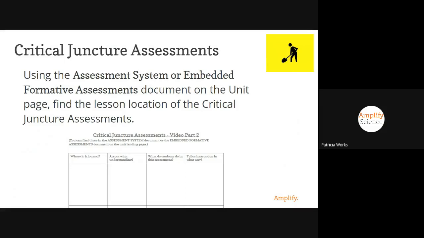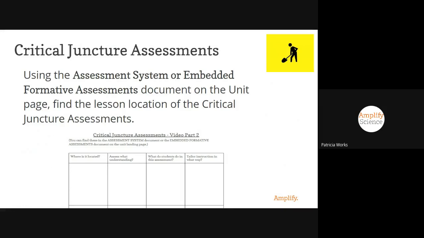On your participant pages on page 2, you can write the location of where you find the critical juncture assessments in the first column. And then in the second column, you might list what you are assessing here. Which progress build idea? The first critical juncture assessment is going to be assessing that first progress build level. You might want to even just write that into the blank.